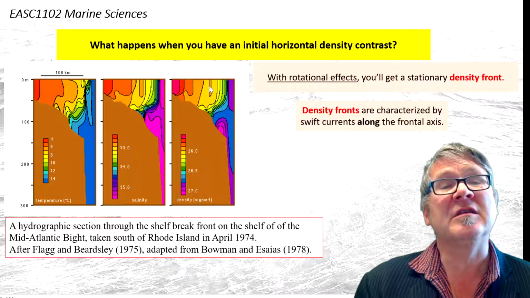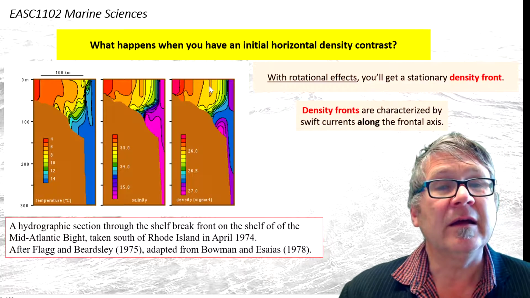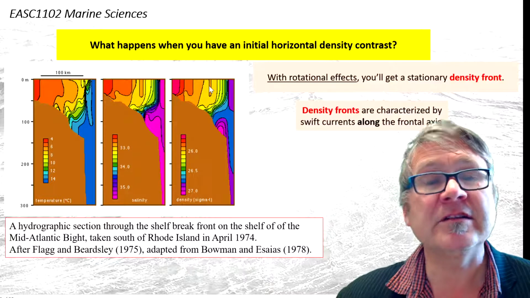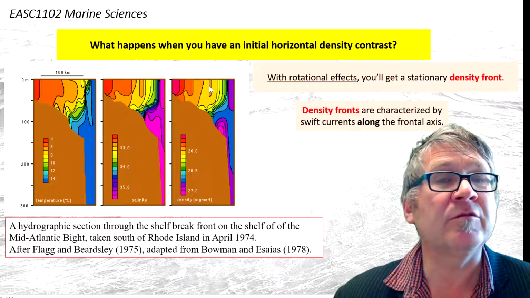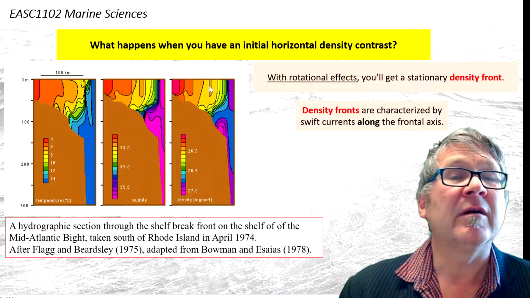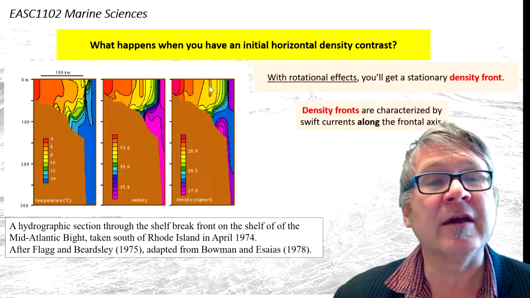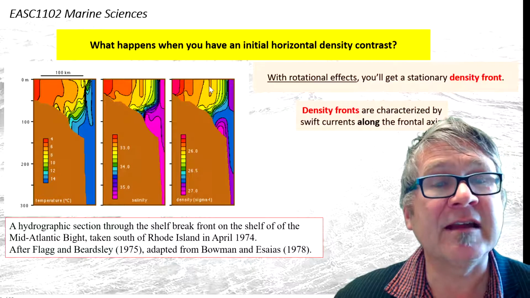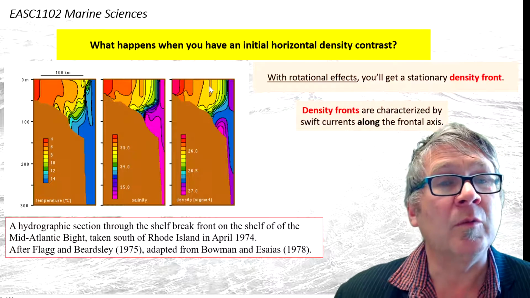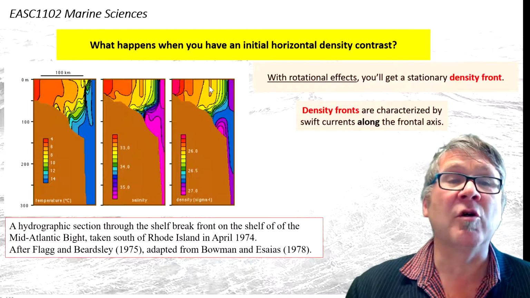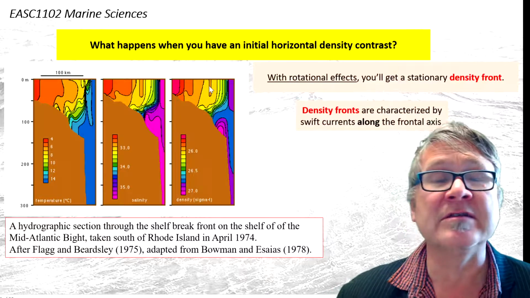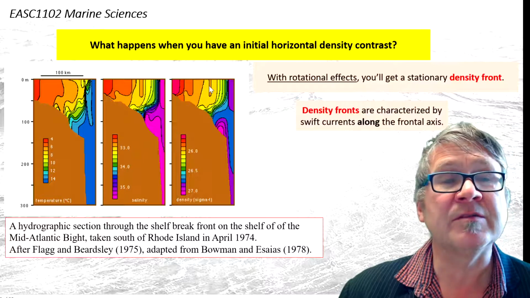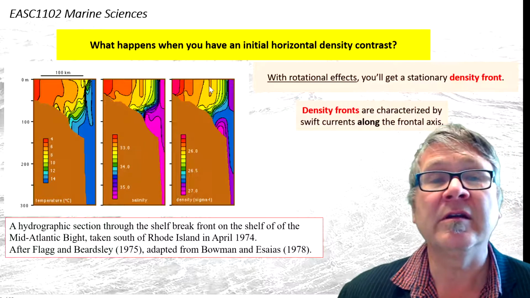And why? Because the density affects the pressure distribution, and if you have a horizontal pressure difference, it creates a current. So without rotational effects, you get a density-driven flow, and with rotational effects, it's the Coriolis force that influences this current, and you get these features like currents which run along the density front.